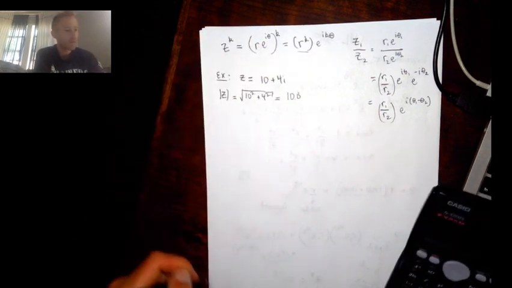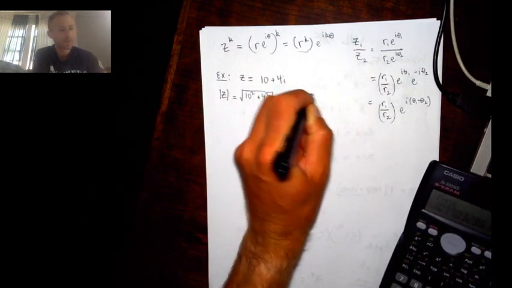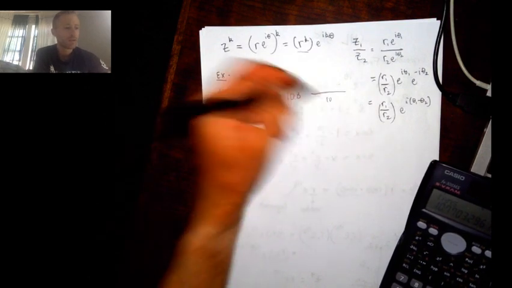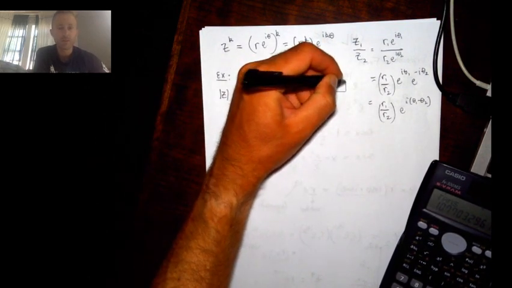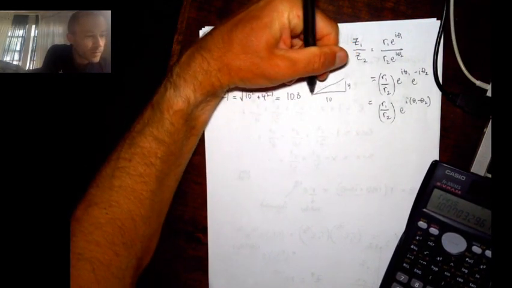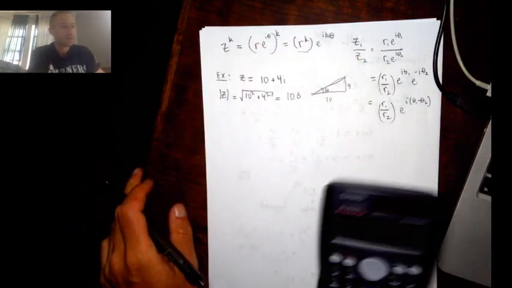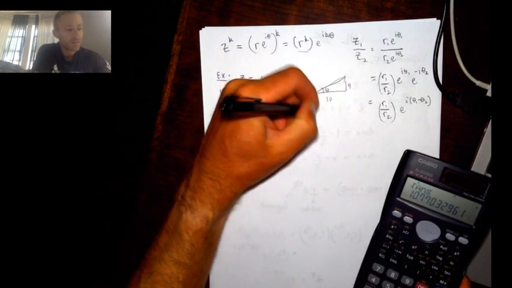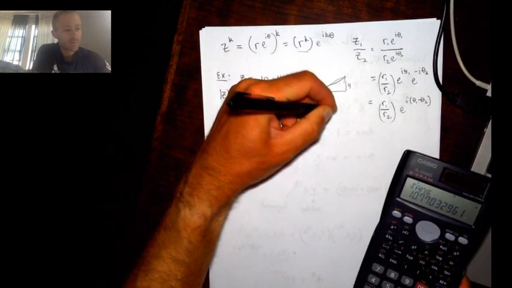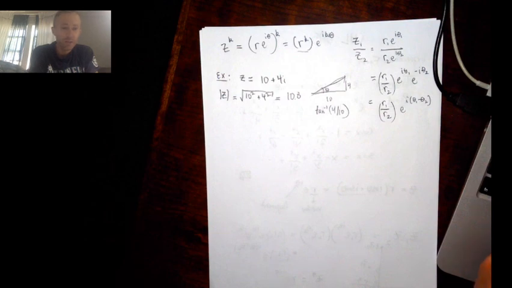And then thinking about the argument, this complex number has a real part of 10 and an imaginary part of 4. So we want that angle right there. That would be the argument, so that's going to be inverse tangent of 4/10. My calculator is set in degree mode, so I want to convert that to radians once I'm done.